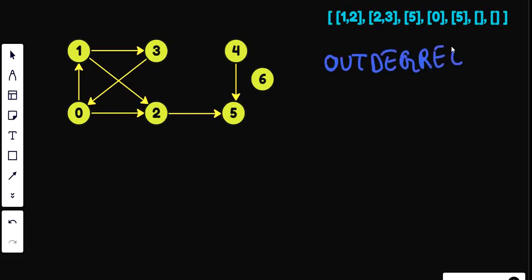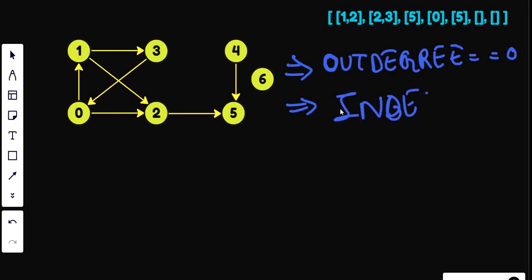Because we said if the node has out degree equal to 0, it is a terminal node, and otherwise it should be going to a terminal node. So we were focusing on out degree, but Kahn's algorithm focuses on in degree. So how can we utilize Kahn's algorithm for this question?